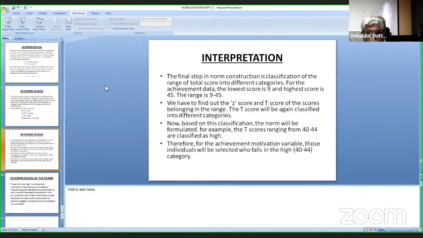For example, the T scores ranging from 40 to 45 are classified as high. Therefore, for the achievement motivation variable, those individuals will be selected who fall in the high 40 to 44 category.